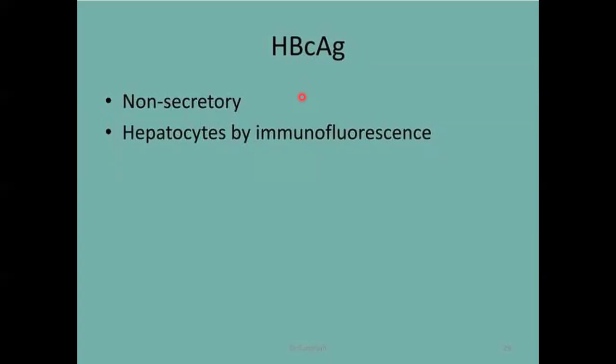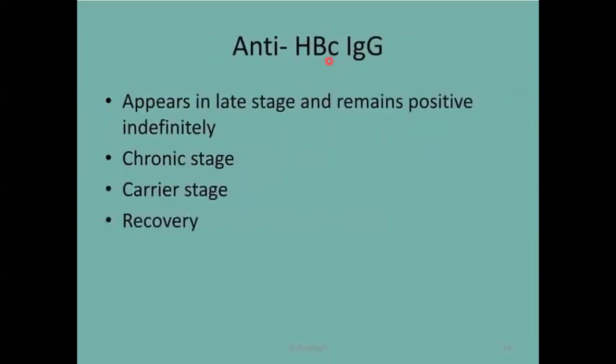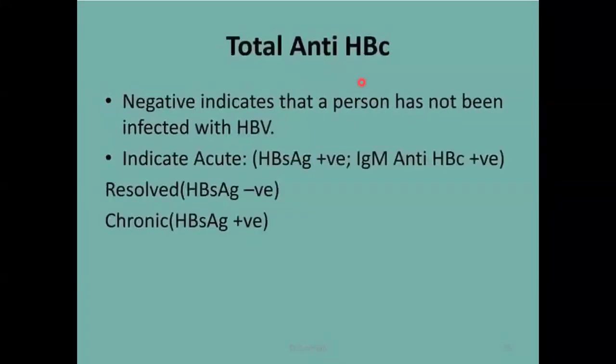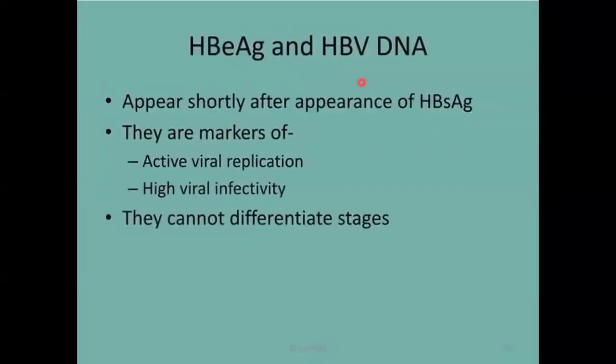So as markers of chronic infection, we have hepatitis B surface antigen. You can have hepatitis B E antigen if you're highly infectious. Remember, it's a marker of infectiousness. And then you're going to have anti-HBC, but now you'll have IgG. You can also have HBV DNA, because it's a marker of viral load. So if you have high viral load, you're going to have this.